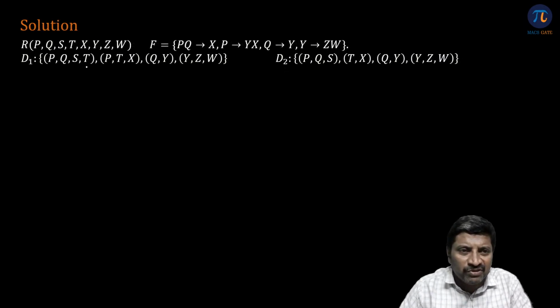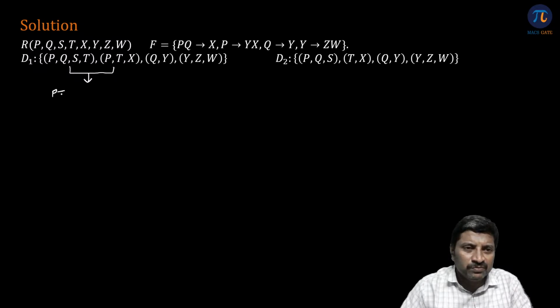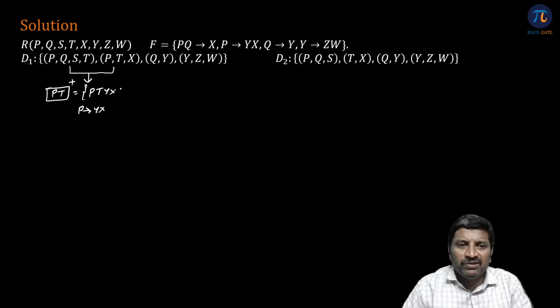Any common attribute for all these? No, sir. We have these two with a common attribute. What is the common attribute? PT. What is the closure of PT? We have PT. Then P implies YX.